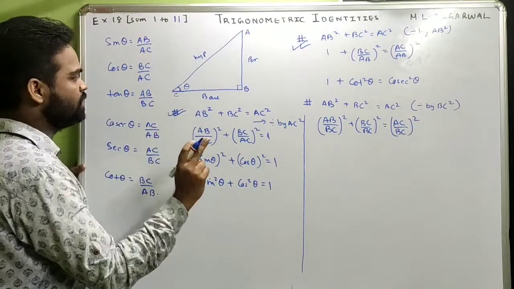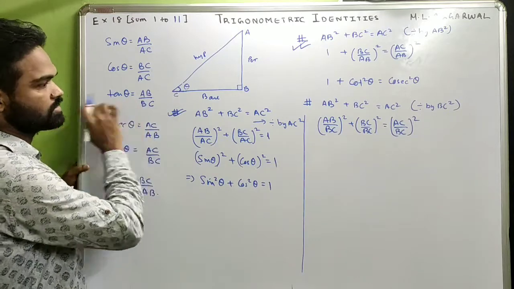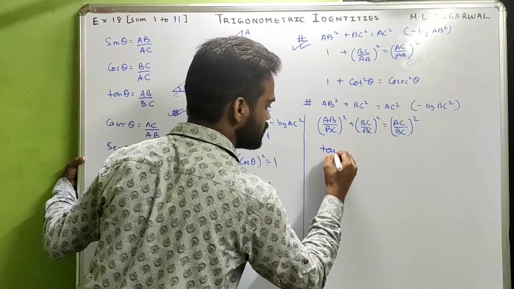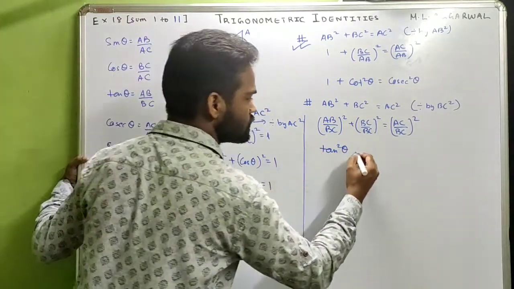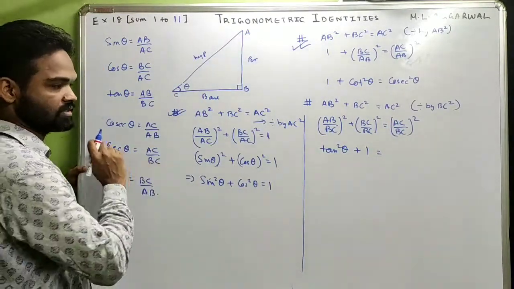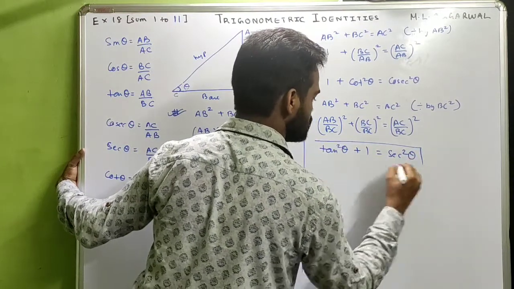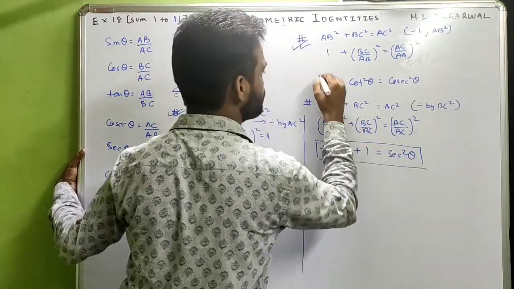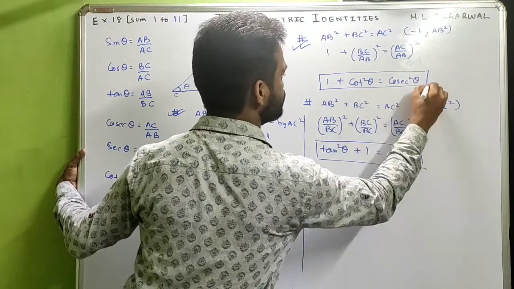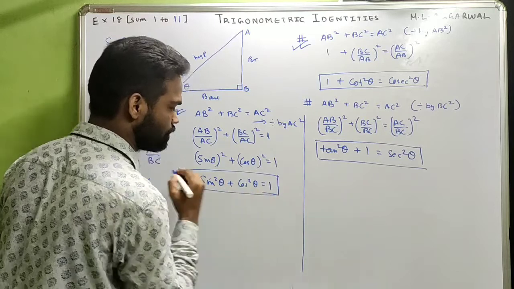Now look, AB by BC, this is tan. So this becomes tan² θ. This is 1. And AC by BC is sec. So this becomes sec² θ. So this is your third identity. Am I clear? So altogether you have 3 identities in class 10.